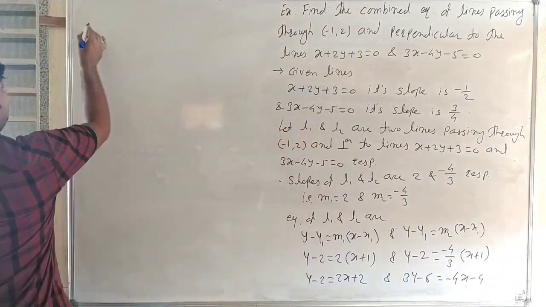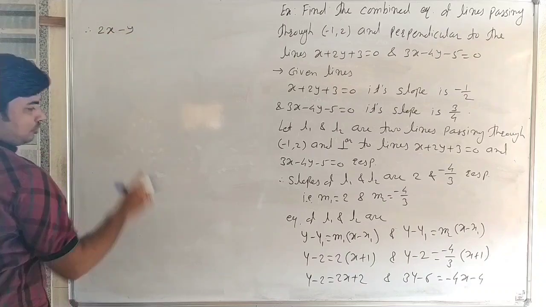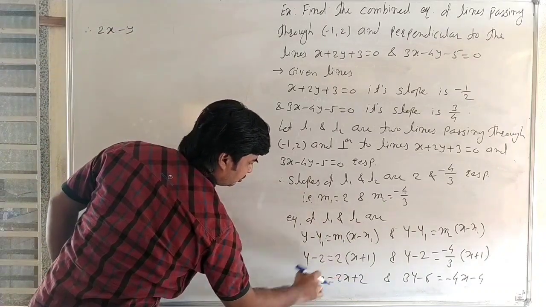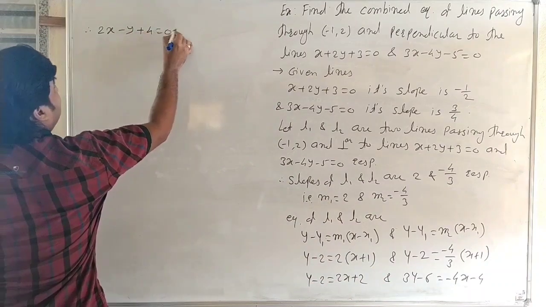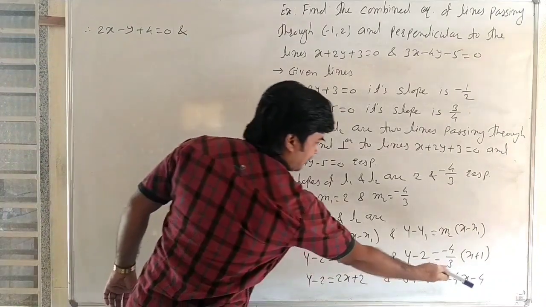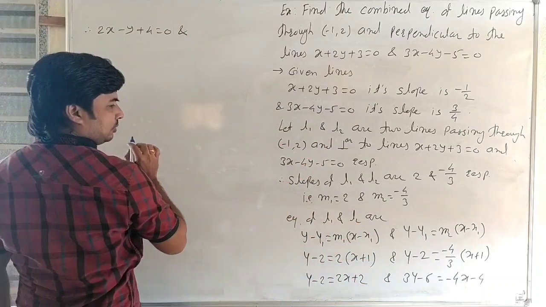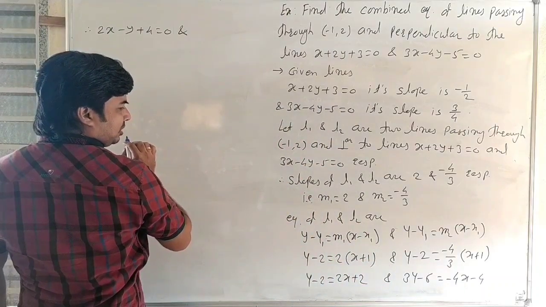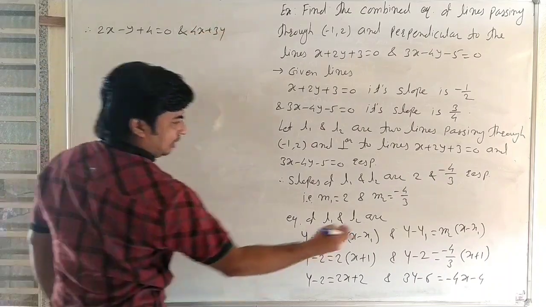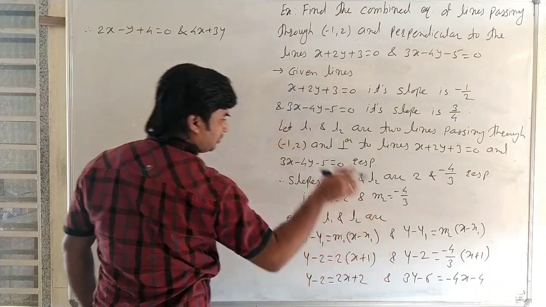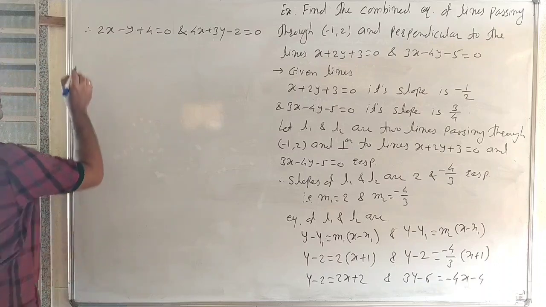Now, the equations of the lines: 2x - y + 4 = 0, and 4x + 3y - 2 = 0. These are the equations of the lines, and therefore the combined equation.